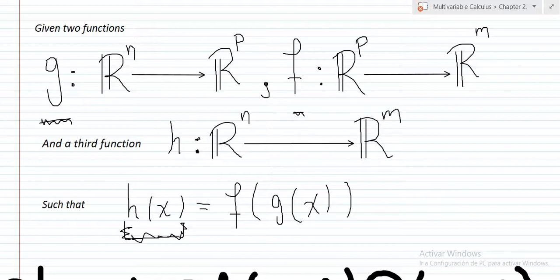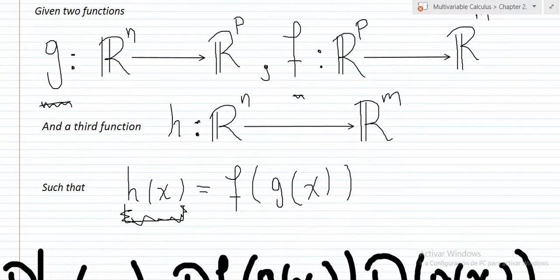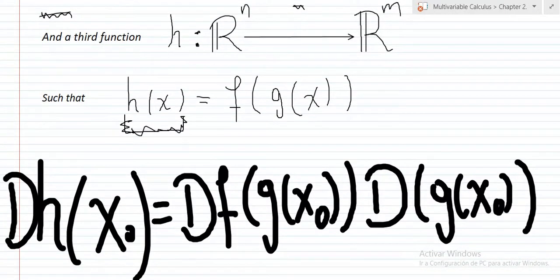But yes, it is a matrix. The reason I did it first in one variable is that we are going to have pretty much the same formula, but instead of multiplying numbers in the composition of functions, what we're going to have now is multiplication of matrices, but it's pretty much the same.